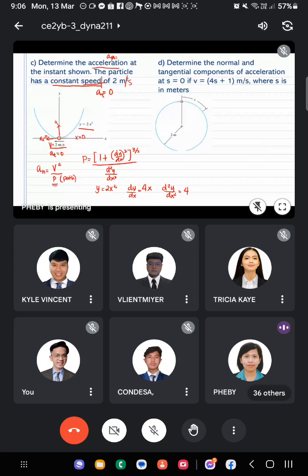So, if our x is 0, therefore, yung ating dy over dx is 0. So, rho is 1 plus 0 squared, raised to 3 halves. Mangyayari dyan is 1 lang siya, no? And then, yung second derivative of y with respect to x is equals to 4. Therefore, our rho is 1/4.